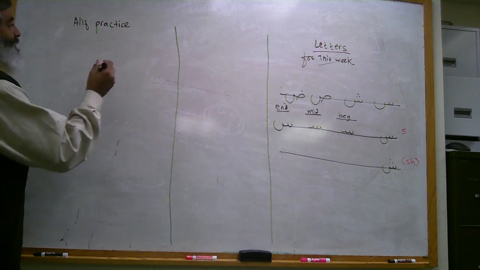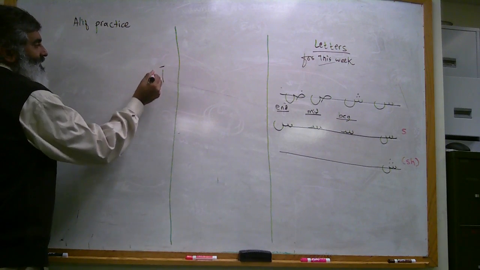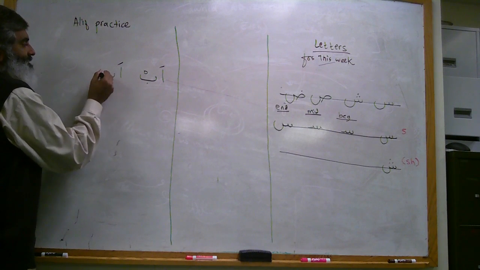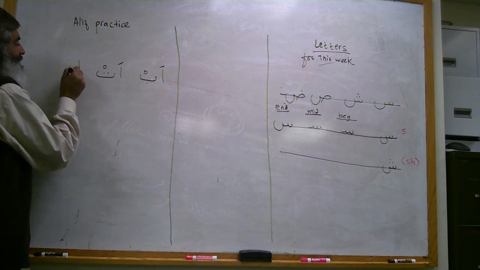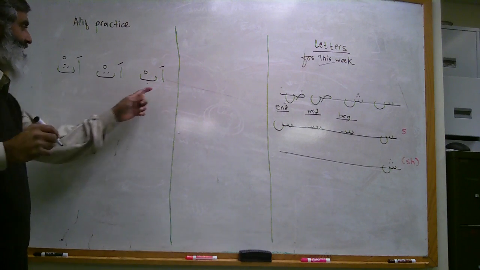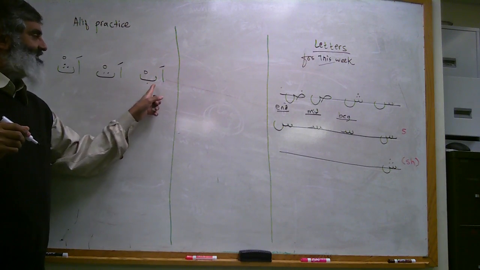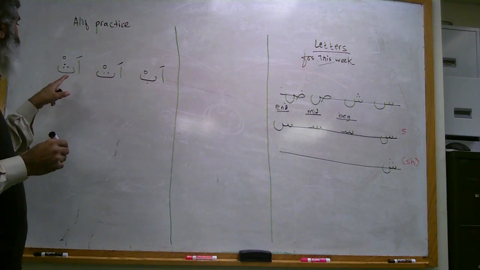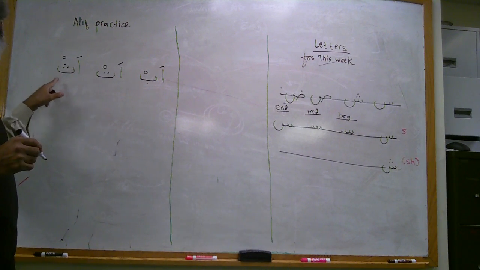As we do the alif practice, when you put alif in front of a letter, like we have done in the past, you get to see the exact sound of the letter. With letter Ba, it is Ab. Letter Ta, it is At. Letter Tha, it is Ath.